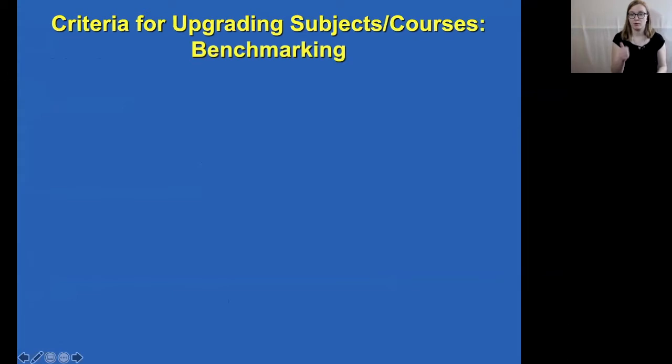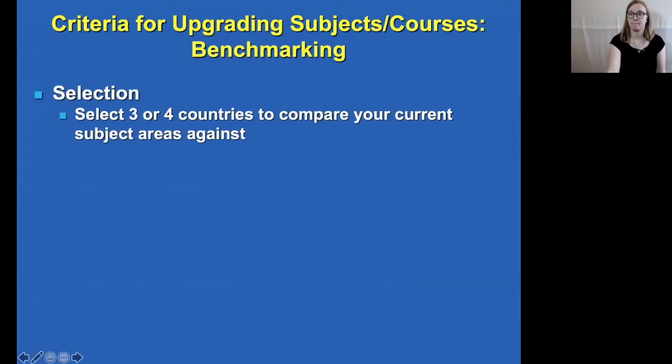So with benchmarking is the selection. Usually you select 3 or 4 countries to compare your current subject areas against. So you mightn't choose all of your subjects, and it doesn't mean that the same 3 or 4 countries for each subject area.